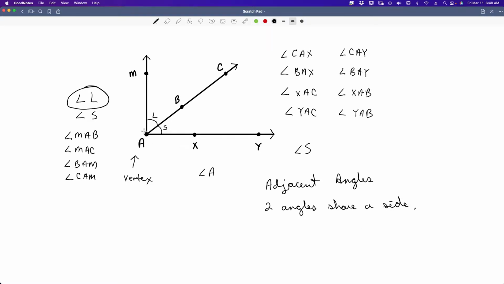In this case, angle L shares ray AB with angle S. I'm going to highlight this shared side right here. And that's how you know you have adjacent angles, if one of the rays is part of both angles.